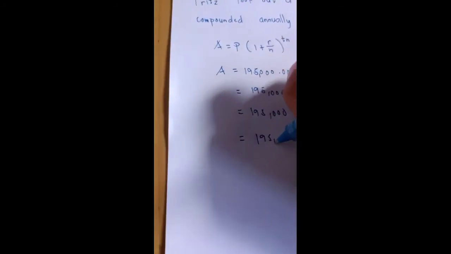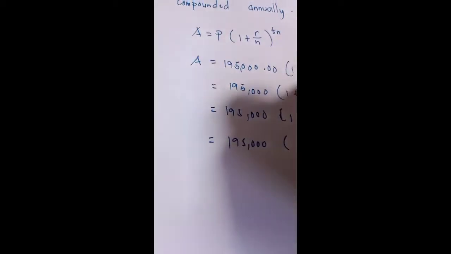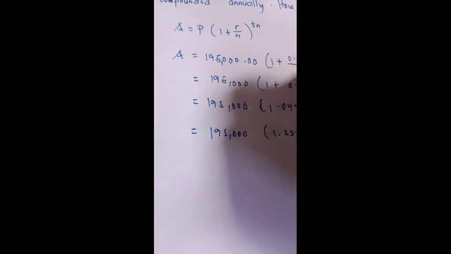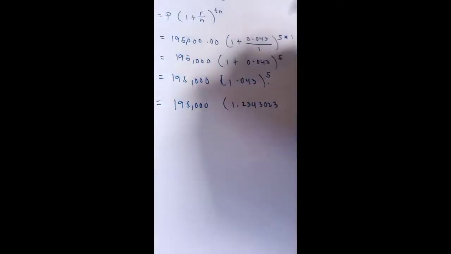After that, 1.043 to the power of 5 will be 1.2343023110134.